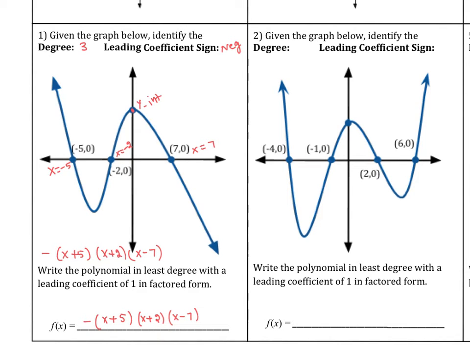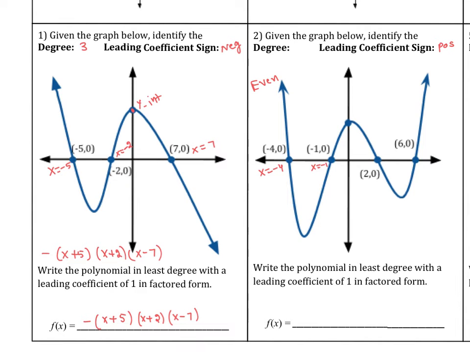Number 2, this shape, both ends going up, means the leading coefficient is positive. It's an even degree graph because it's either W or U. What the degree is depends on the number of x values.